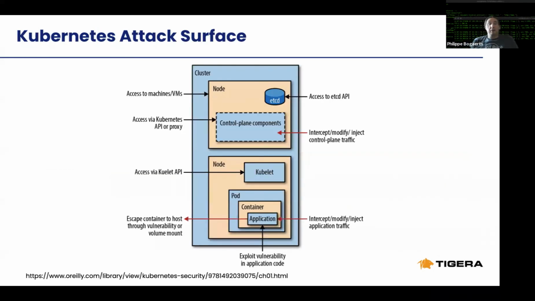Now, if you look at the Kubernetes attack surface, as I already mentioned, there are a few things to look at. There is a cluster, and the cluster is made of nodes, of course. One of the most important parts inside of the cluster is the master machines, which are running the etcd database. The etcd database is the data store that has all the information about the state and configuration of your cluster.